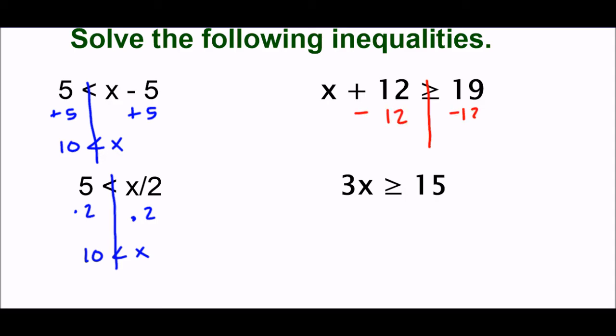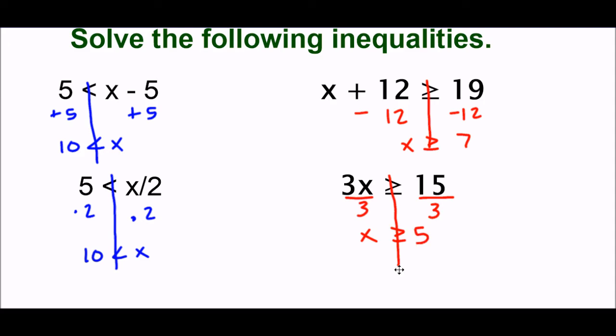So that gives me x is greater than or equal to 7. And last but not least, I've got 3x is greater than or equal to 15, so I need to undo this 3. Divide by 3, so x is greater than or equal to 5.